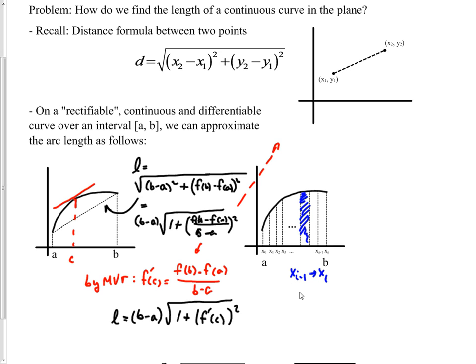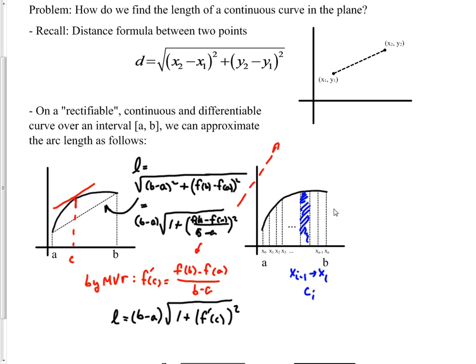Well, somewhere between x of i and x of i minus 1, there's going to be some point c of i, such that the slope of the line tangent to the curve through those points will be equal to the slope of the line secant to the curve through those points.